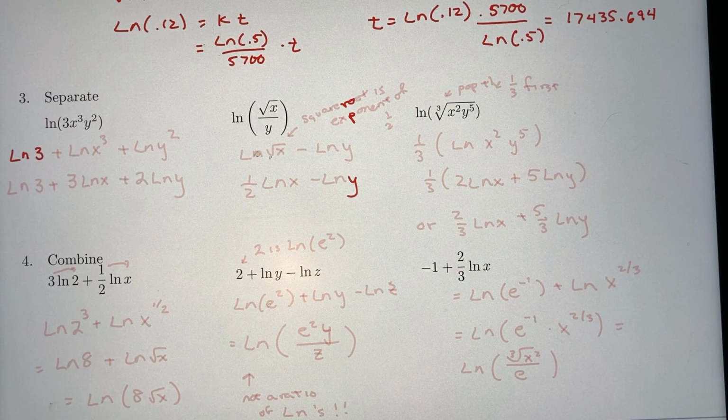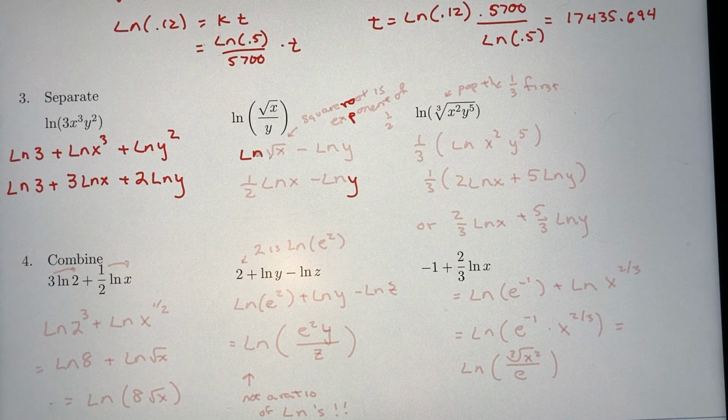We're splitting up. First split up the multiplication into addition. Then pop exponents. How would I go backwards? I would unpop the exponents first.